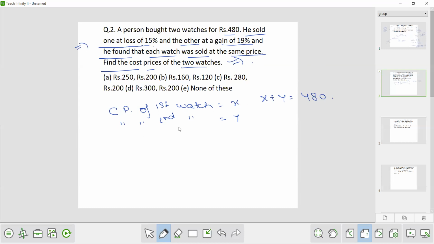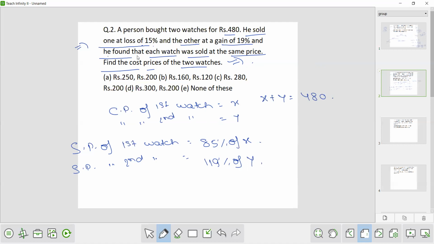So SP of the first watch, when it is sold at a 15% loss, is 85% of X. Another watch is sold at a gain of 19%. So SP of the second watch is 119% of Y, that is 119% of CP.